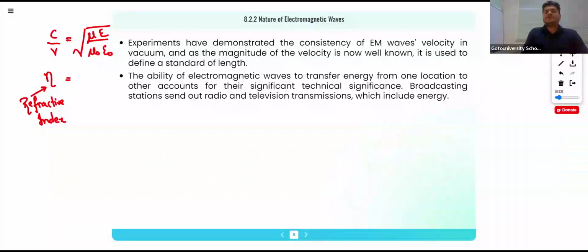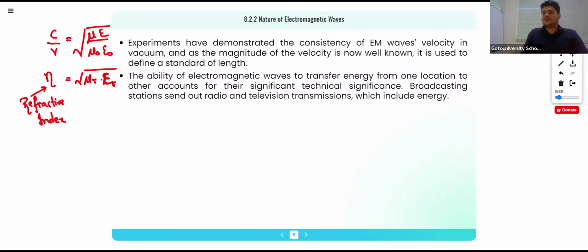And permeability and permittivity of material to that of free space will be relative permeability and relative permittivity. Okay, these were the seven points.